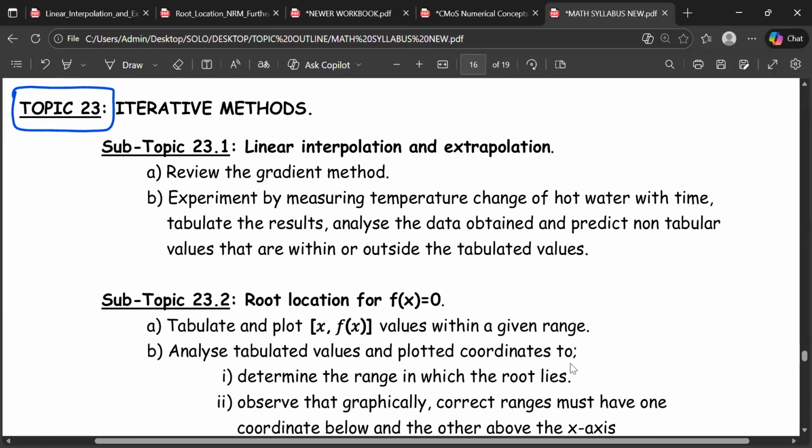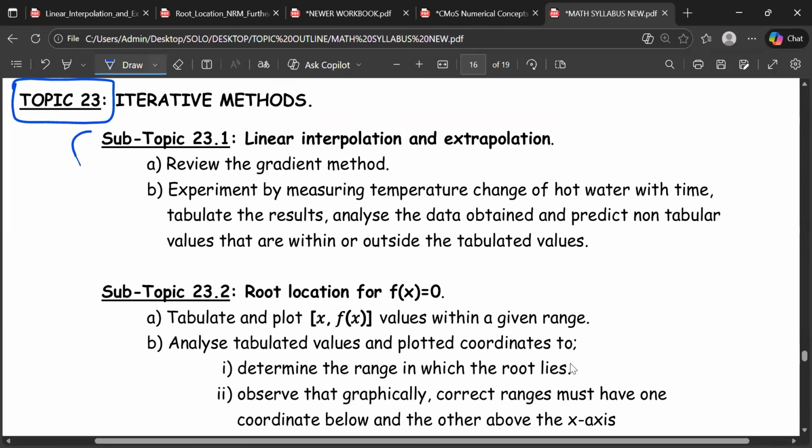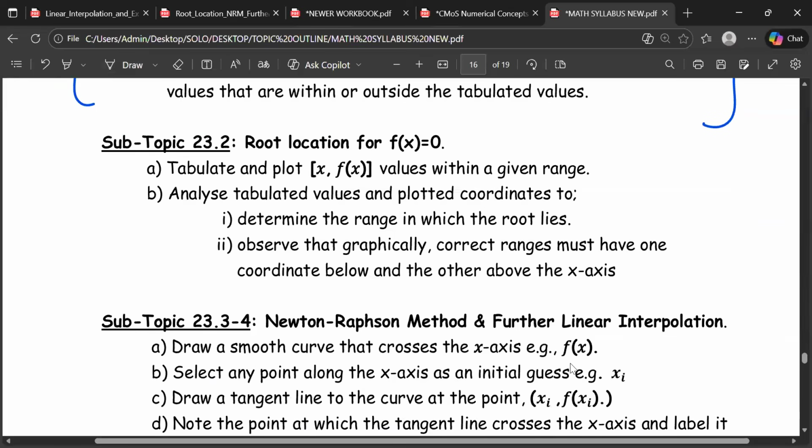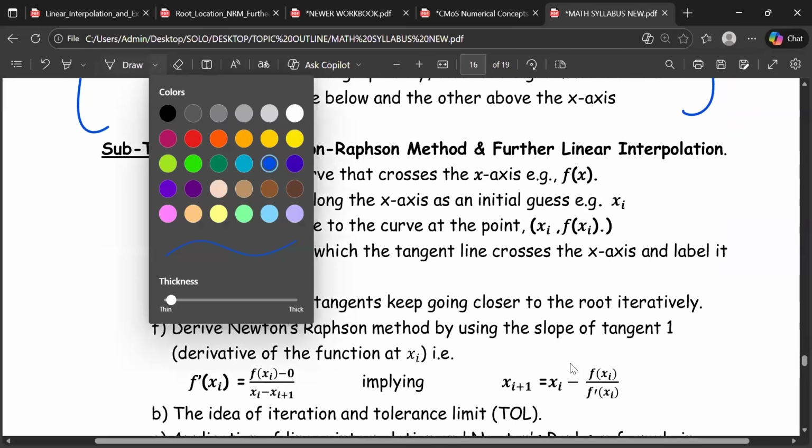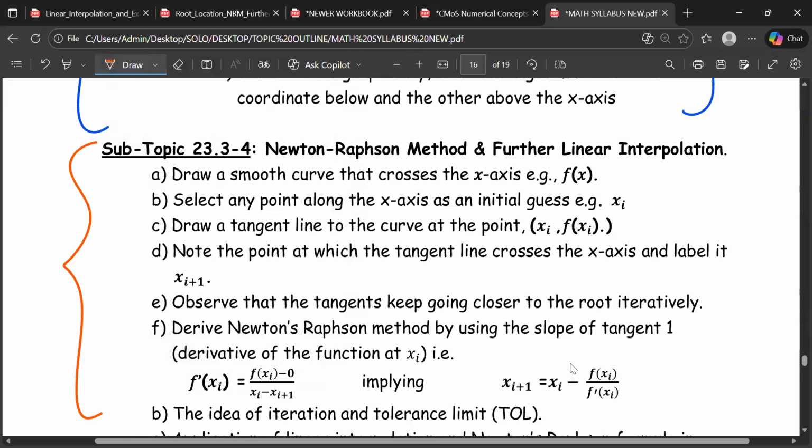Now, the very first subtopic is linear interpolation and extrapolation. Then the next one is root location for f of x equal to 0. Then the last one is Newton-Raphson method and further linear interpolation.